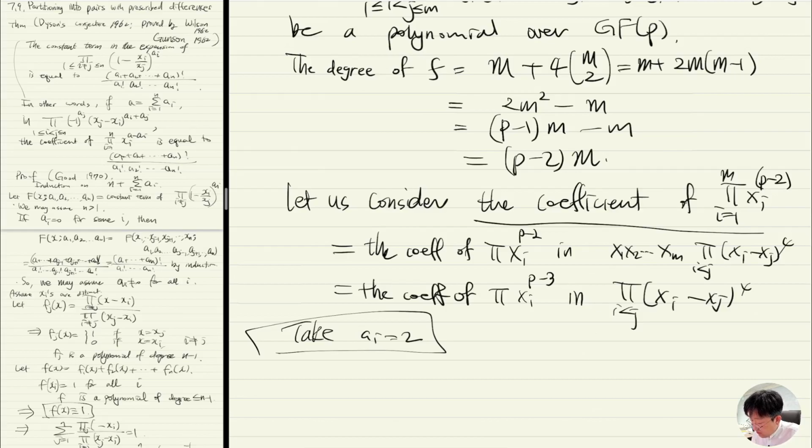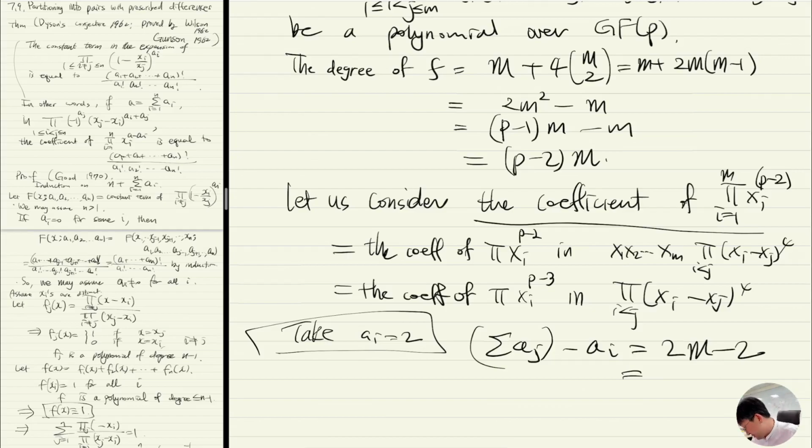So then the sum of ai minus ai is twice m minus 2, right?